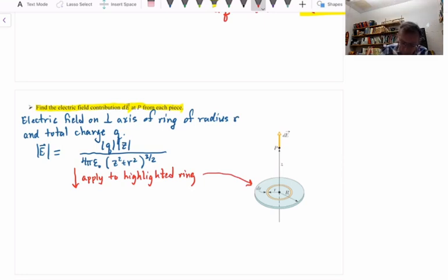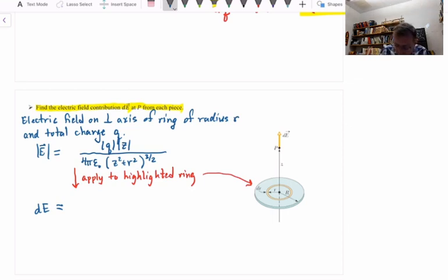Okay, first note, I'm going to change the E magnitude on the left to just dE. Why dE? Because it's electric field coming from a tiny amount of charge. That ring has charge dQ, so I'm going to call the field from it dE.